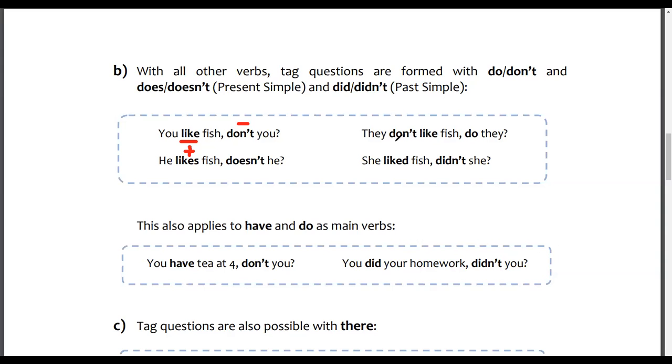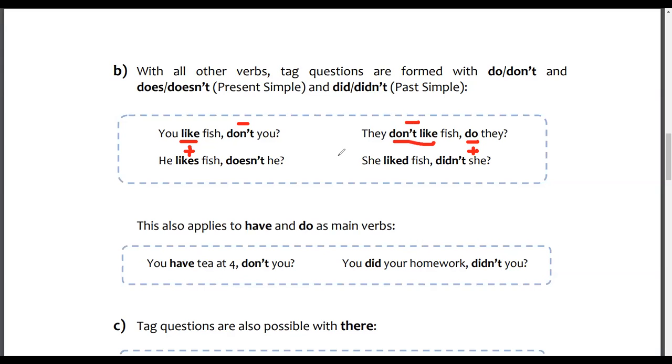They don't like fish, don't. Yes, this is totally negative. So in the question tag, you see, do they? Yes. This one is totally positive. There you go. All right, so that's the way we switch. That's the way we switch. It's very simple, not that difficult.